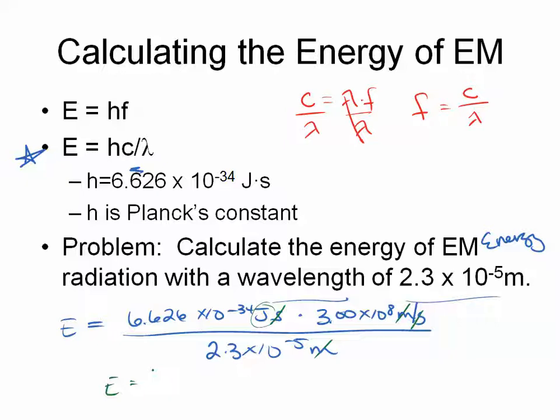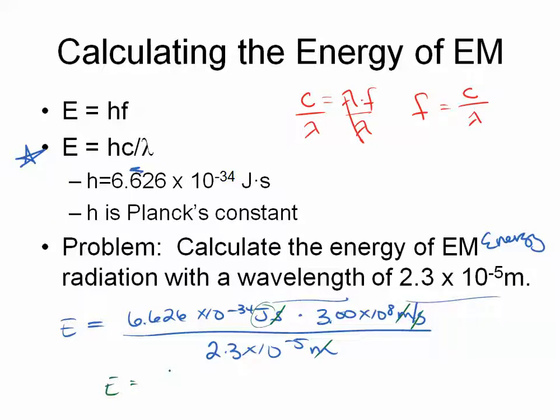Now, I strongly recommend that as you are entering these types of equations into your calculator, you use scientific notation so that you don't have to worry about order of operations. If you choose to enter something like 2.3 times 10 caret negative 5, make sure that you put those kinds of things into parentheses so your calculator divides where you want it to divide.